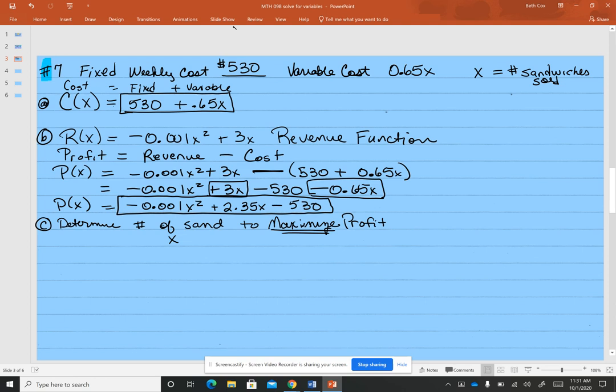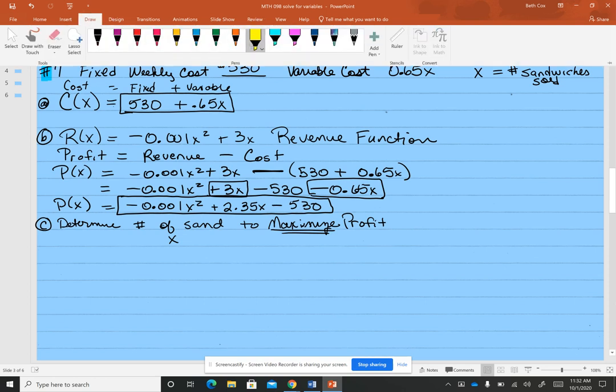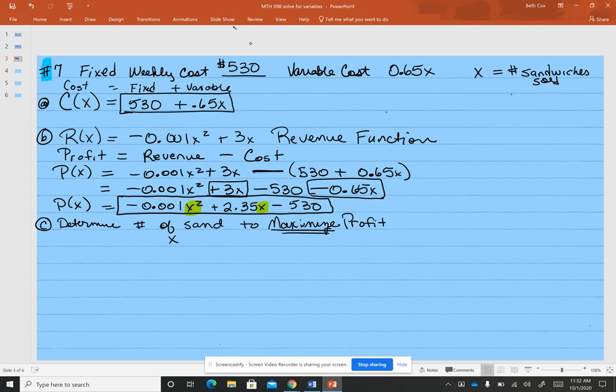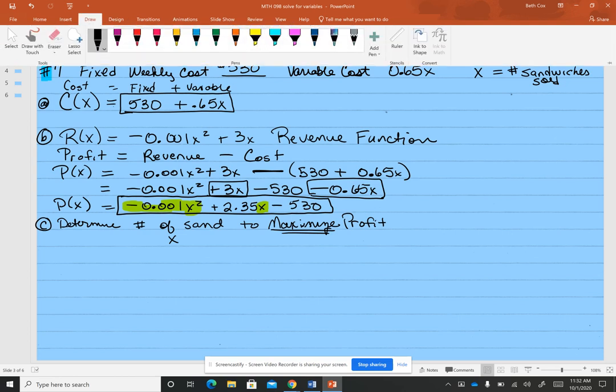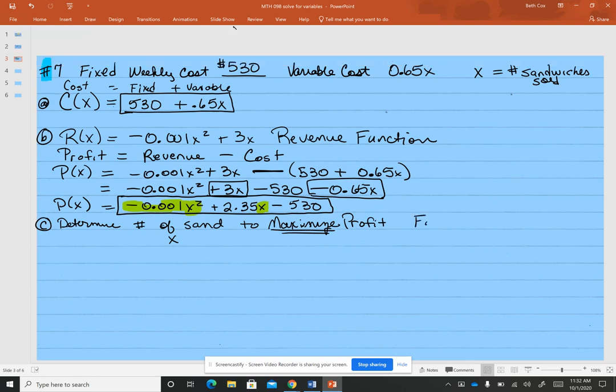How do you know it's a quadratic function? Remember, the x squared, the x, the constant. It has a vertex, and the vertex is either the maximum or the minimum. In this case, it is a maximum because the a is negative. So to determine the maximum profit, we need the vertex.